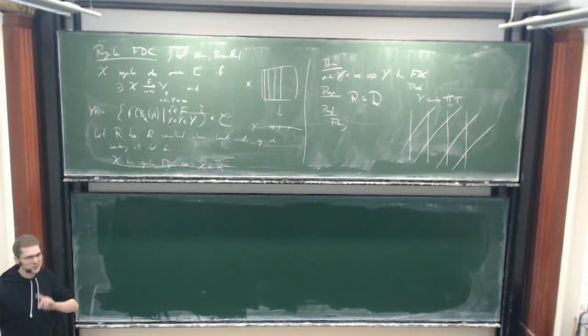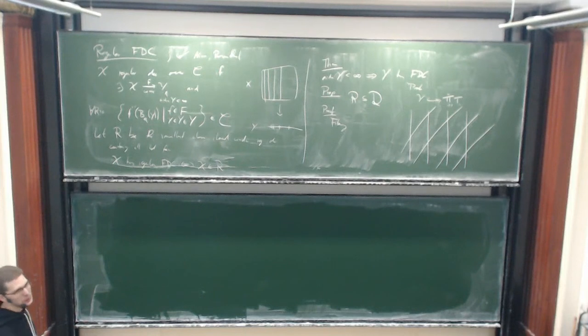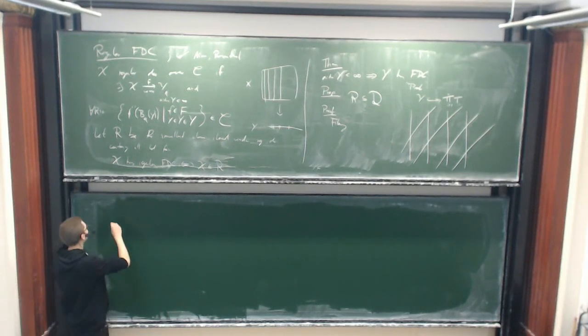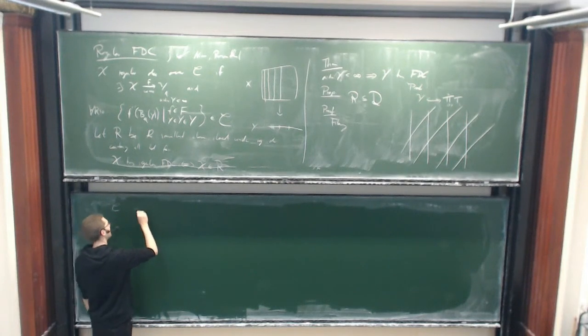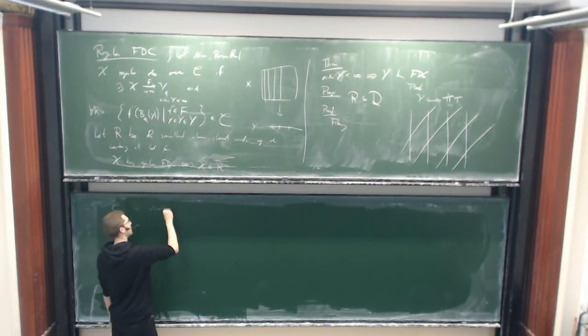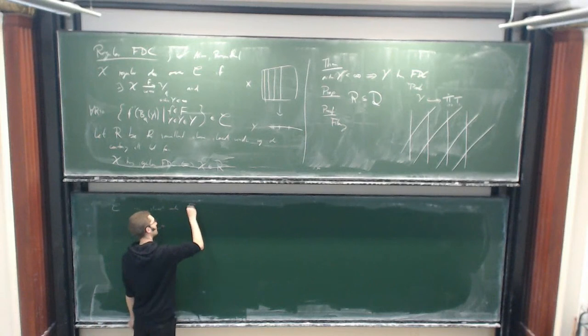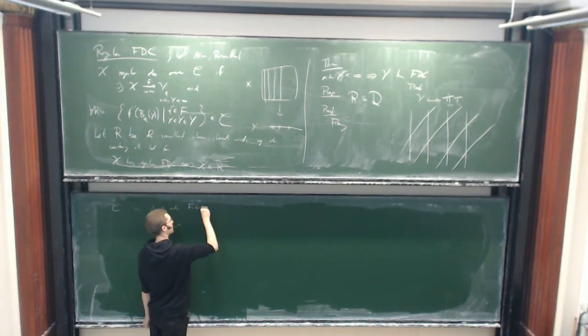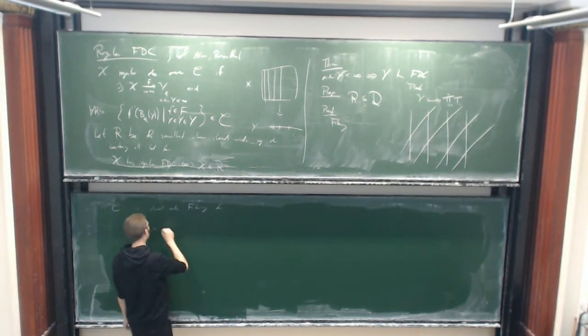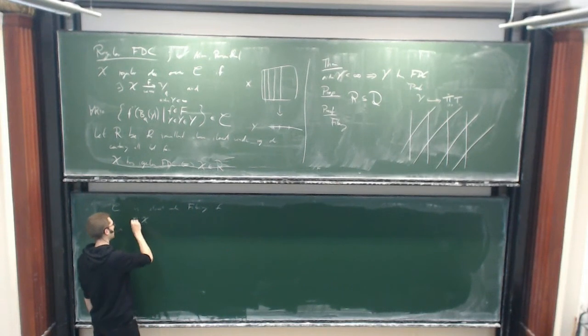Because it has one more permanence property. And that will be the last one I will tell you. So, C is closed under fibering if, well, we are in the same situation as above.